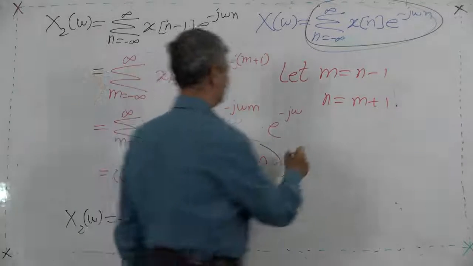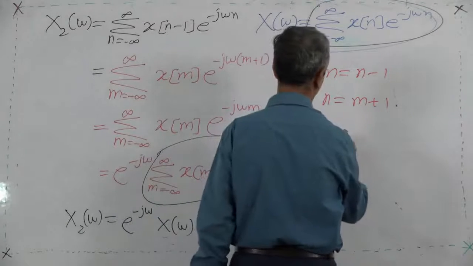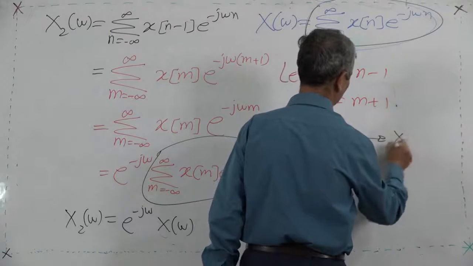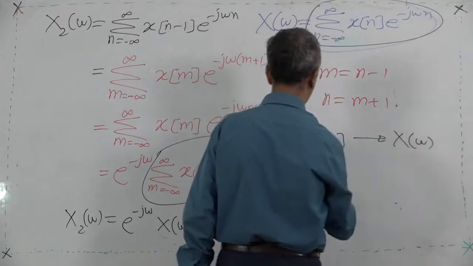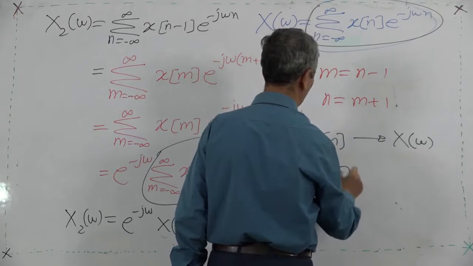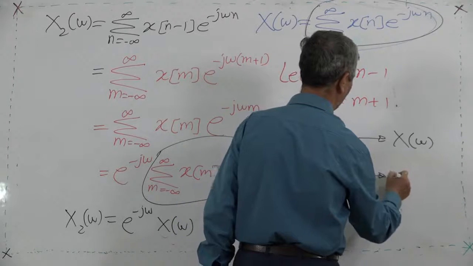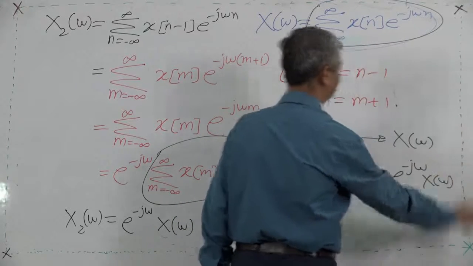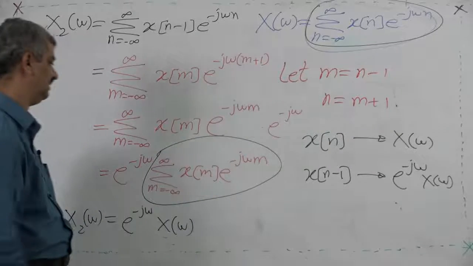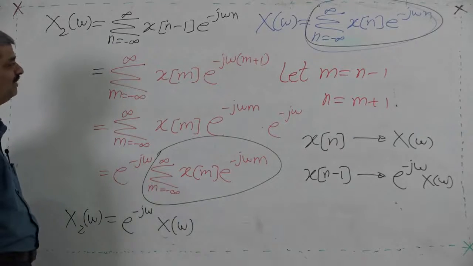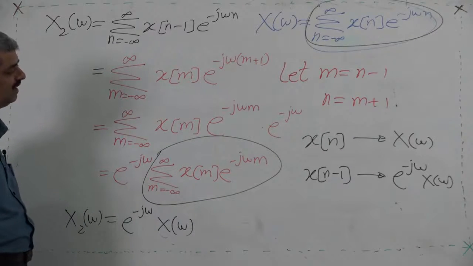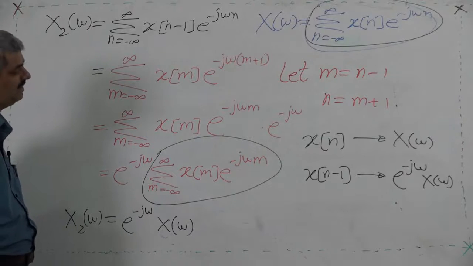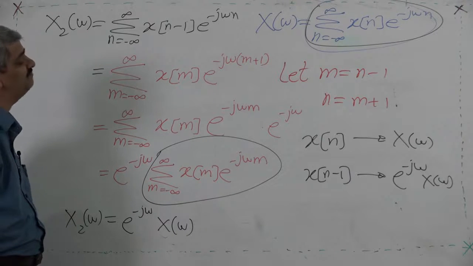So, if x[n] has a DTFT X(omega), x[n minus 1] will have a DTFT of e raised to minus j omega into X(omega).